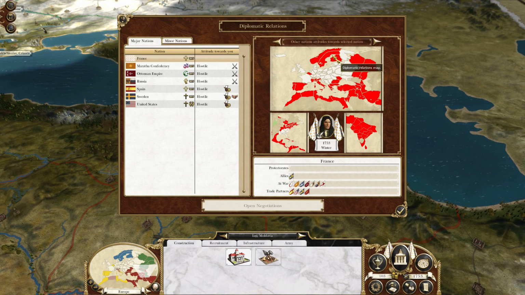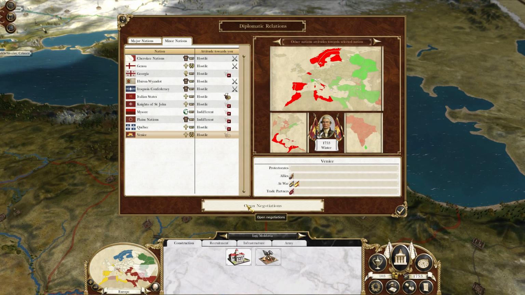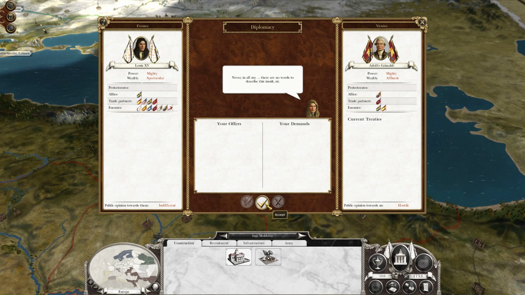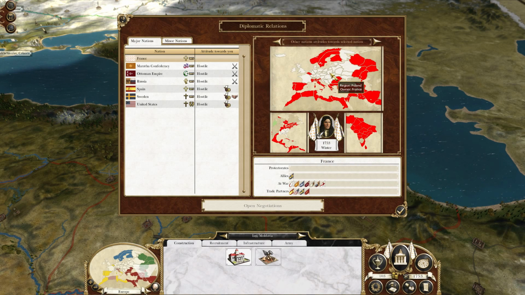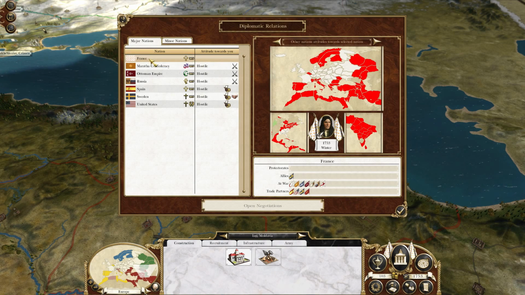Now we, on the other hand, are not really. Sweden is our ally, however, unfortunately for us they are hostile towards us. Venice will not trade with us, unfortunately. And let's take a closer look.